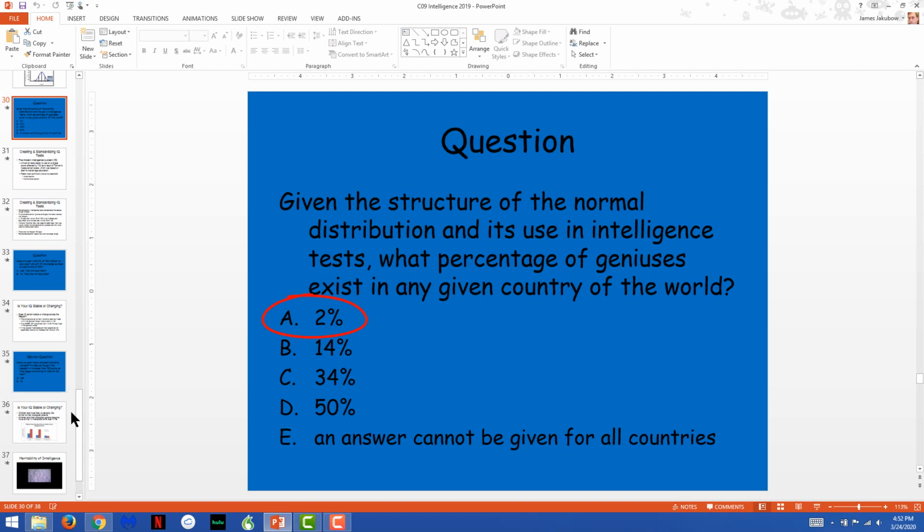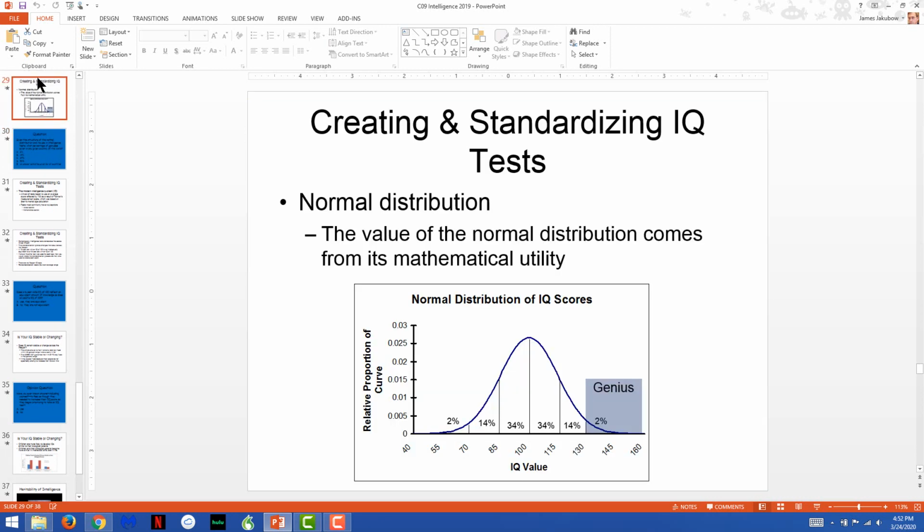And why is the answer 2%? The answer is 2% because the measure of genius is always at the 98th percentile, the top 2% of a distribution.